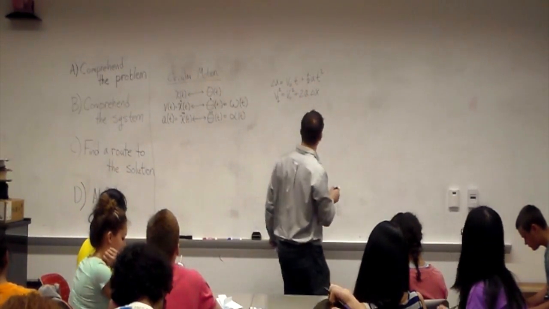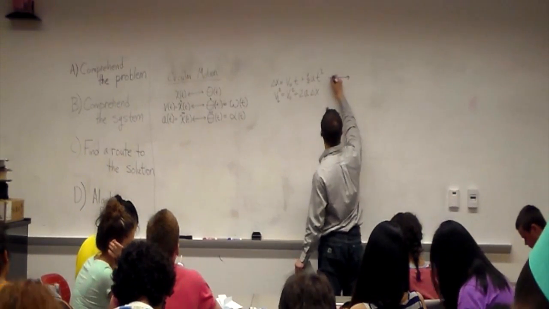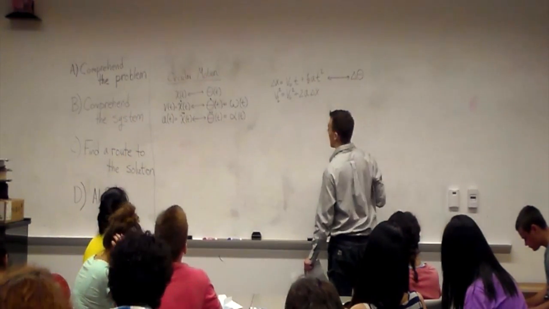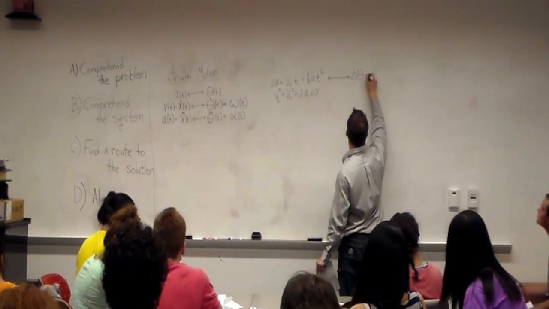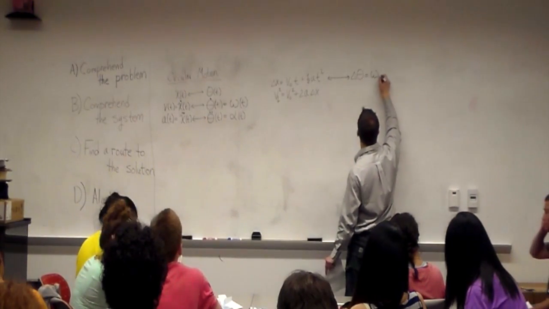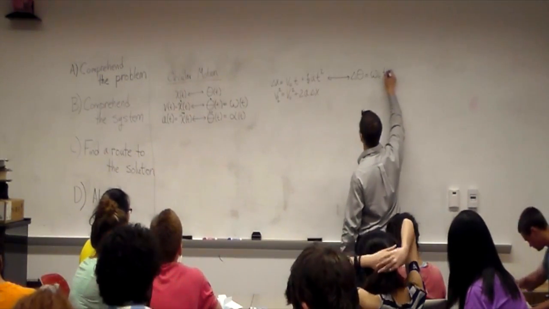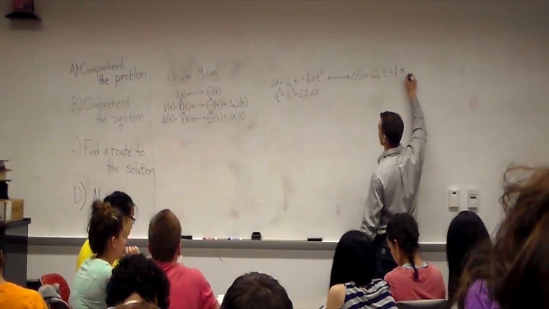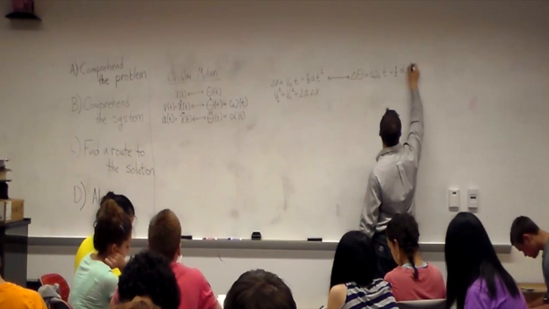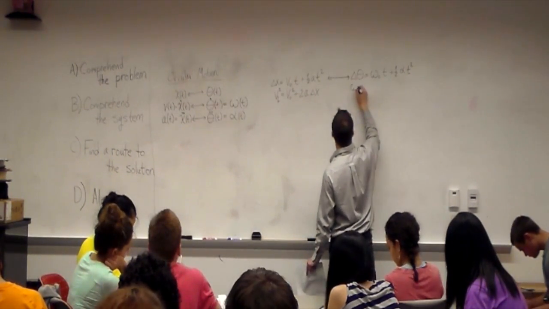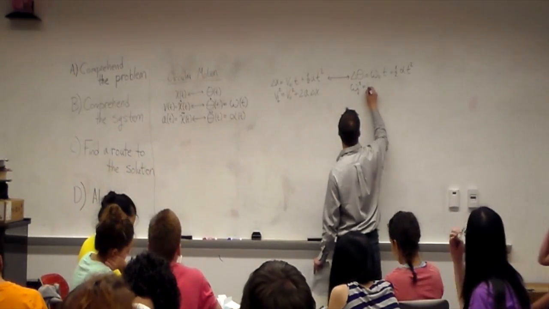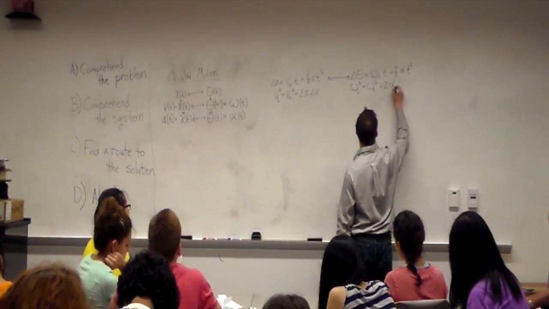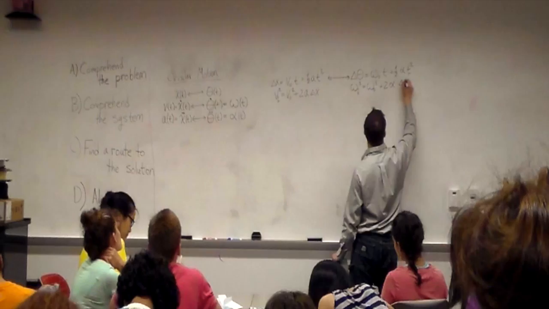So I can make a translation into the other variables, and what I get is that delta theta, the angle through which the object has turned, is equal to the initial angular velocity omega naught times t plus 1/2 times alpha, the angular acceleration, times t squared. And similarly, omega final squared equals omega naught squared plus 2 times alpha times delta theta.